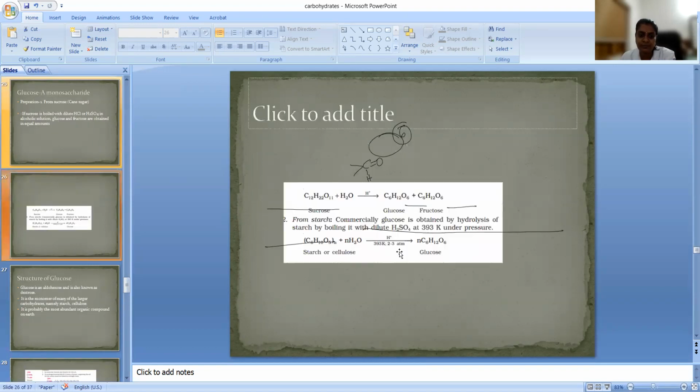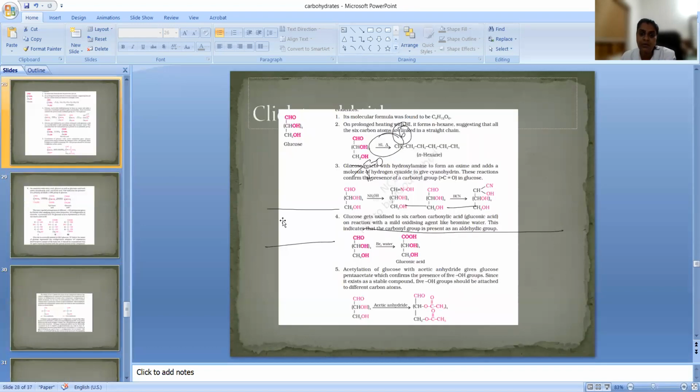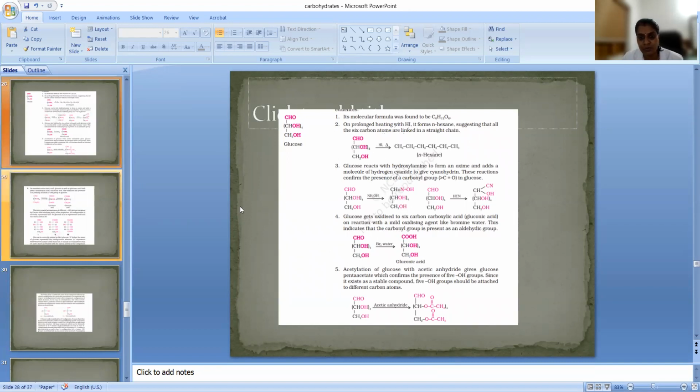Now we are going to see the structure of glucose. We know already the formula, that is C6H12O6. But there must be some evidence to understand the structure of glucose. So what is the evidence to understand the structure of glucose?